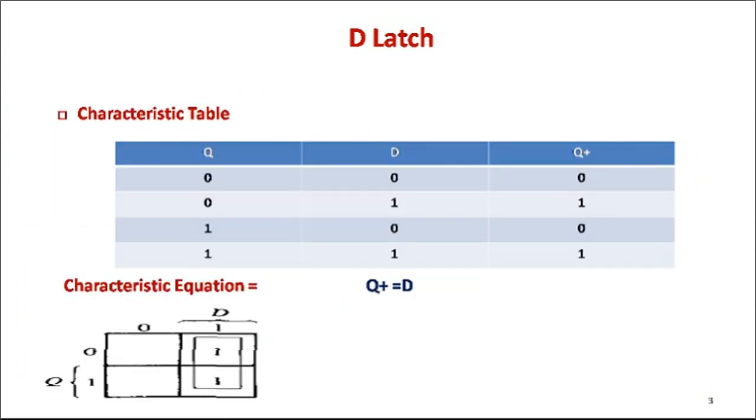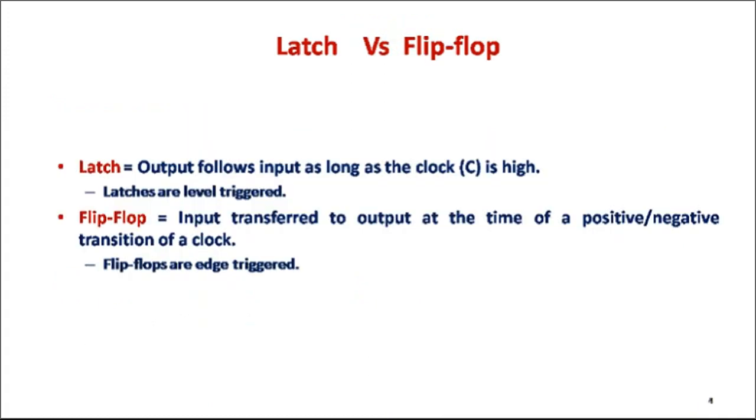Now you can again see the same table, with 0 1 0 1, D and Q plus 1. Q plus means after passing of the clock period. Then we'll see latch versus flip flop. What is the difference?